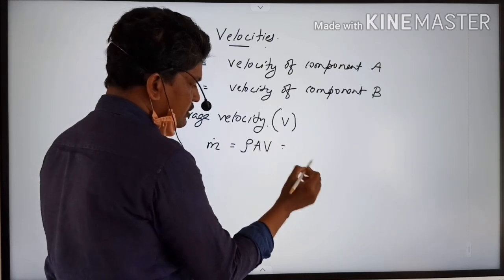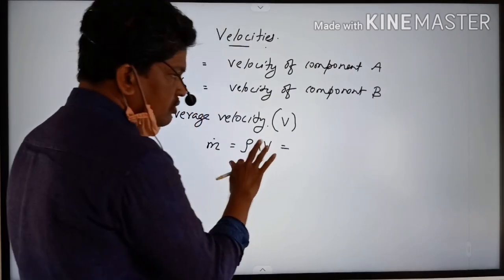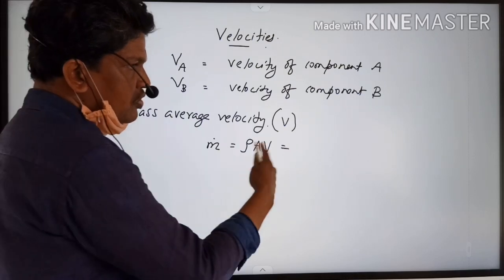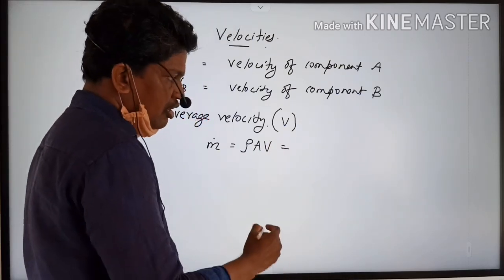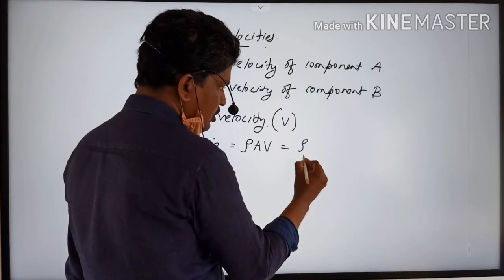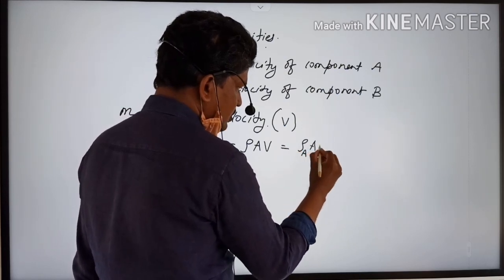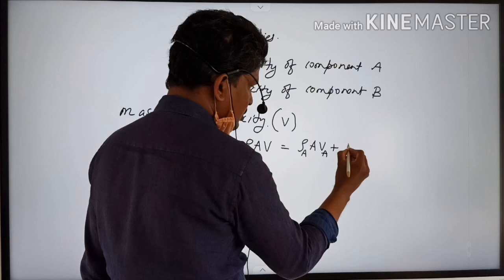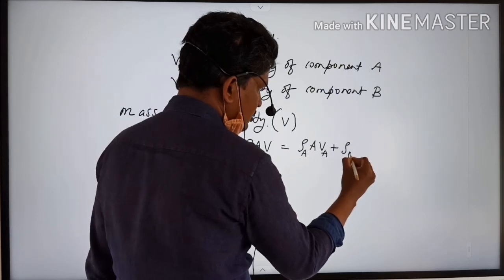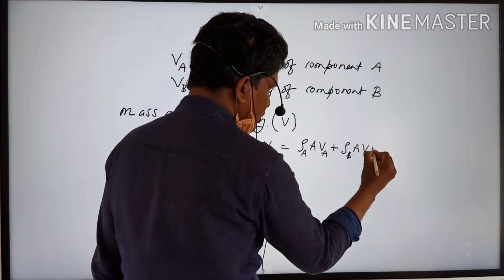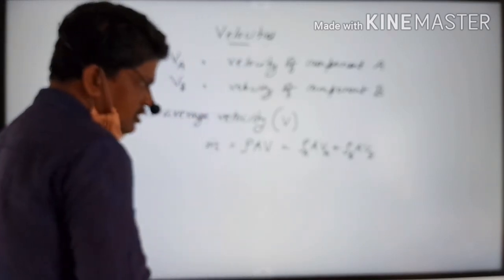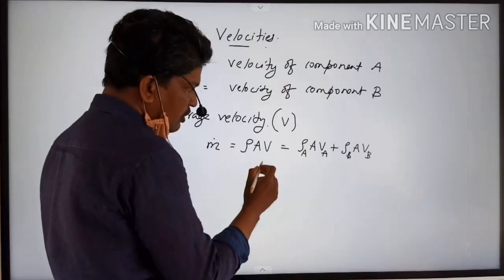The total mass flow rate is equal to the sum of the mass flow rates of the individual components. So it is equal to rho A VA A plus rho B VB A. So from here you will get the average velocity of the mixture.